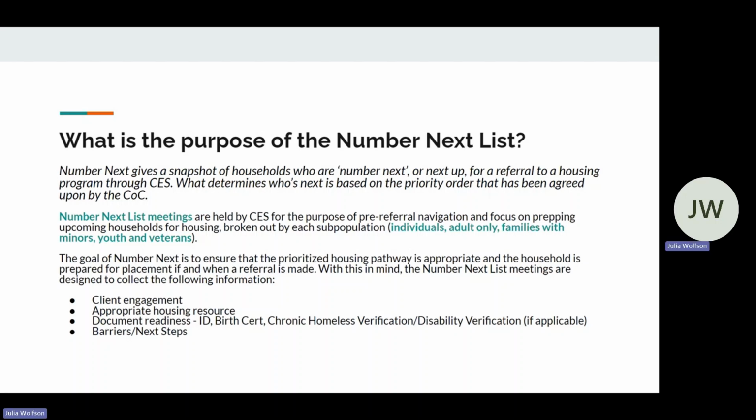CES goes into Clarity and verifies these packets before making referrals to PSH programs, so it is imperative that they're completed if you have households who need that resource. The reason why CES verifies the packet ahead of making a referral is to hopefully make housing navigation quicker for those housing programs so they can focus less on document collection once they receive a referral.